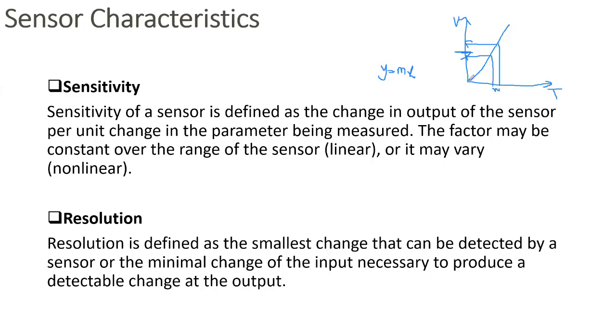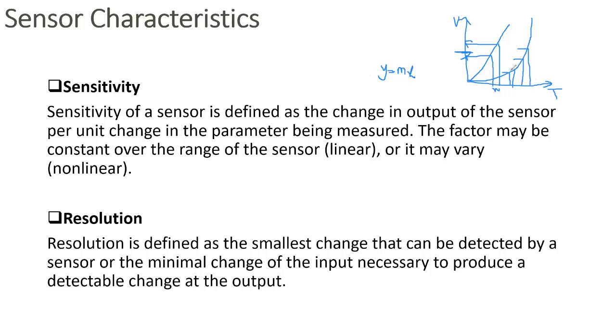But if the sensor is in this shape, I cannot say the same step of temperature increment will give the same increment of voltage, because it's changing now, right? The gap between this increment of the voltage and the gap between another increment of the voltage is different. If you map this to this side, you see this has a larger value than this value.